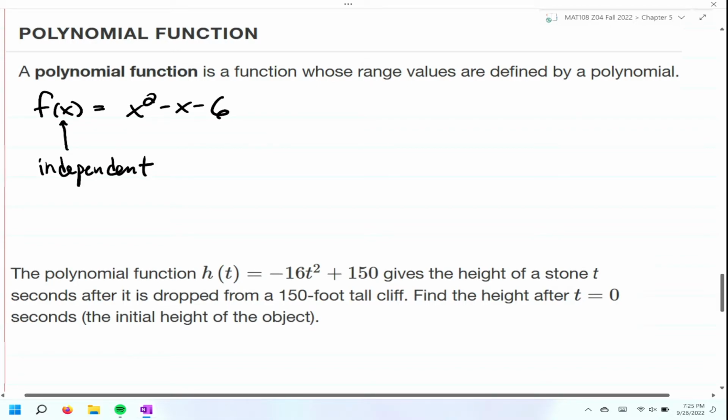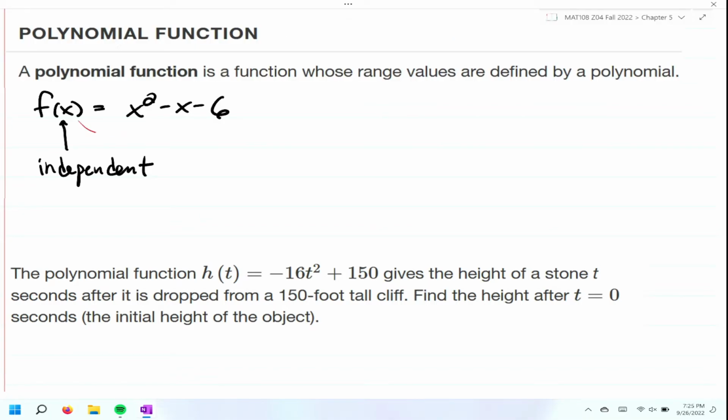Whenever we substitute the value of x into the polynomial, the output, which we can think of as our y value, is going to be the range. Okay? So that's where this word comes in, the range of values.